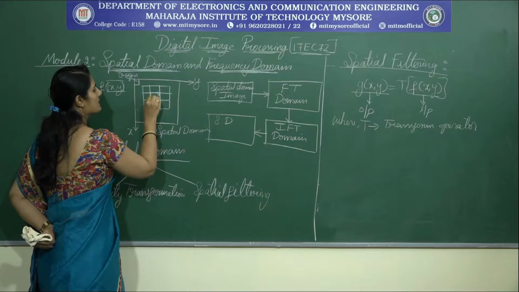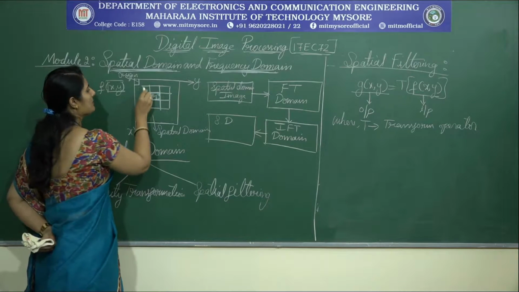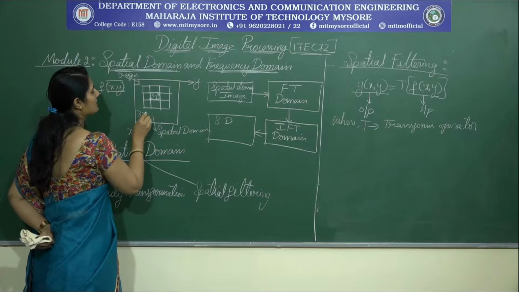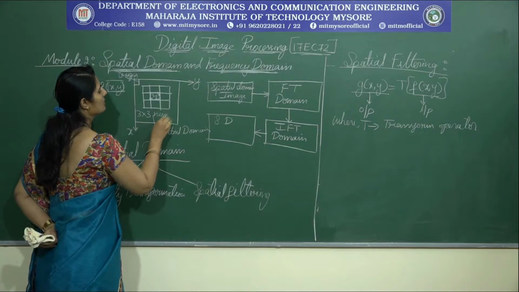So if this is pixel R, I have considered a 3 cross 3 neighborhood.